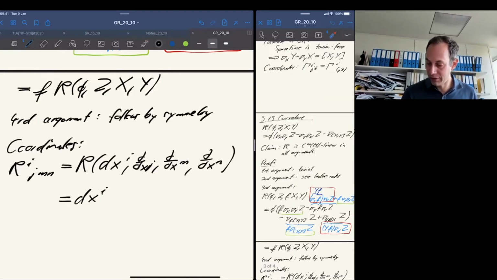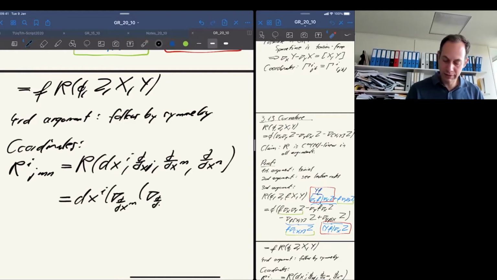The terms we have to take care of are only the first two. These are the ones I write down now. First of all, we take a derivative in the direction of m, and then a derivative in the direction of n, of the vector d/dx^n.